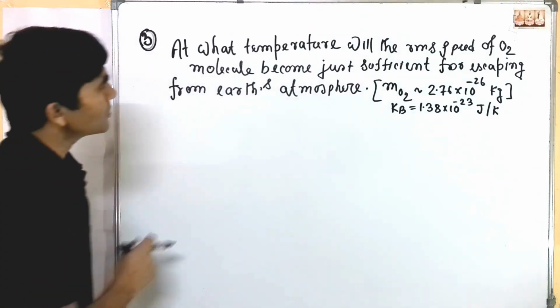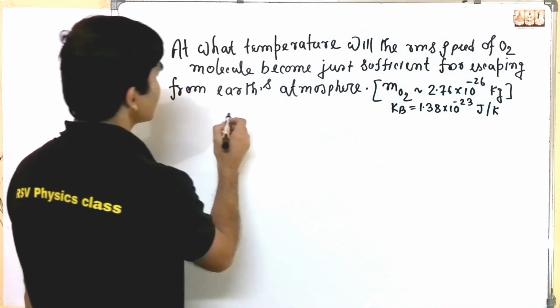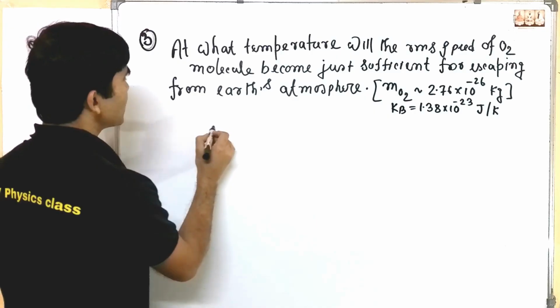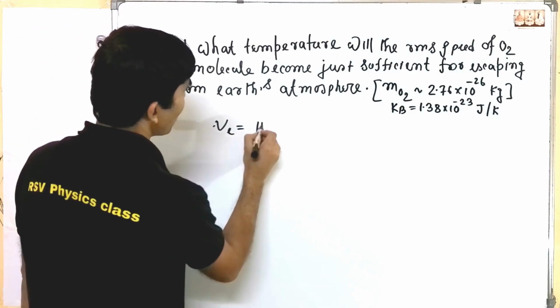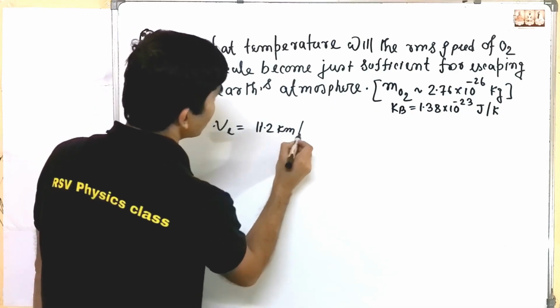Okay, so you know the basically escape velocity V for earth is 11.2 kilometer per second.